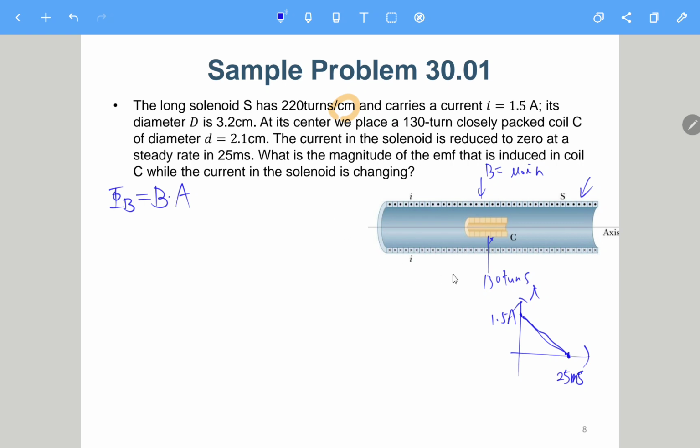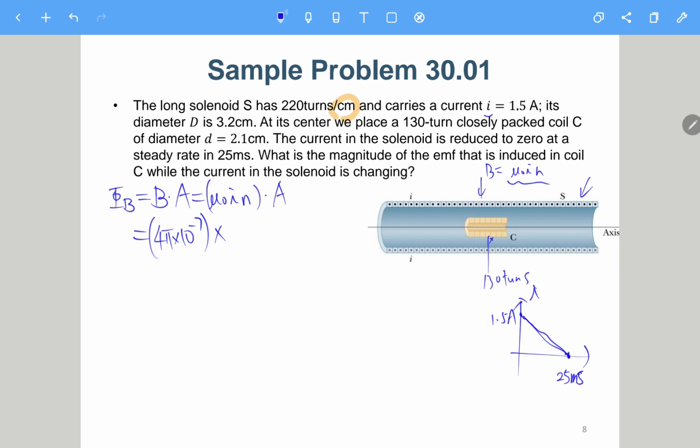This is the idea from the last chapter. As I mentioned, B is mu 0 I N. So we have mu 0 I N for B, and then times A. Mu 0 is 4 pi times 10 to negative 7.